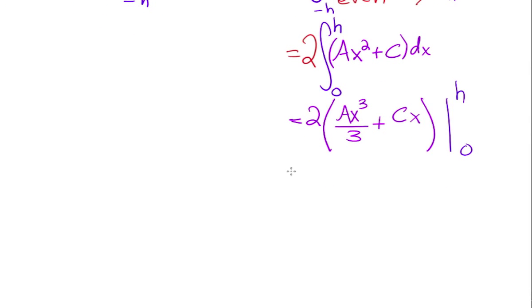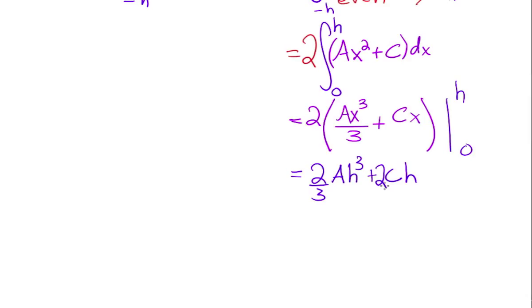So what is this equal to? Two-thirds a h cubed, right? Plus c h. 2ch, yes. Oh, there we go. Minus 0. Yeah, minus 0.